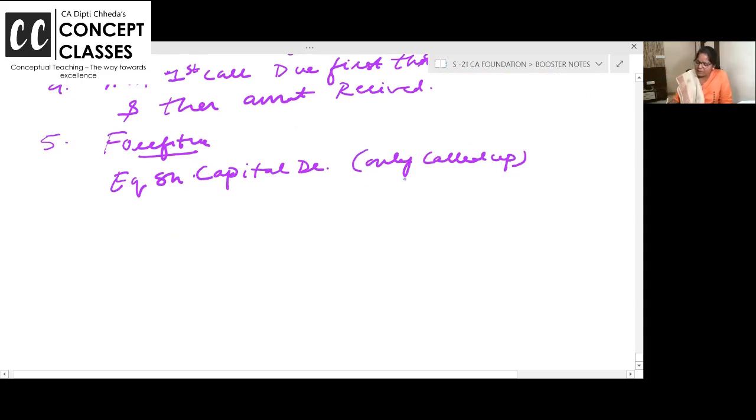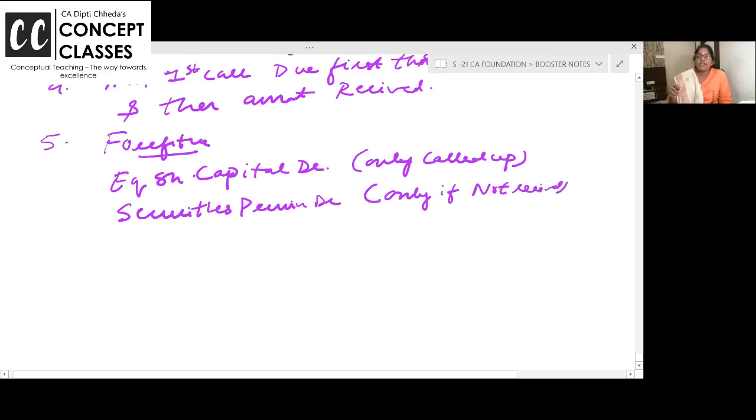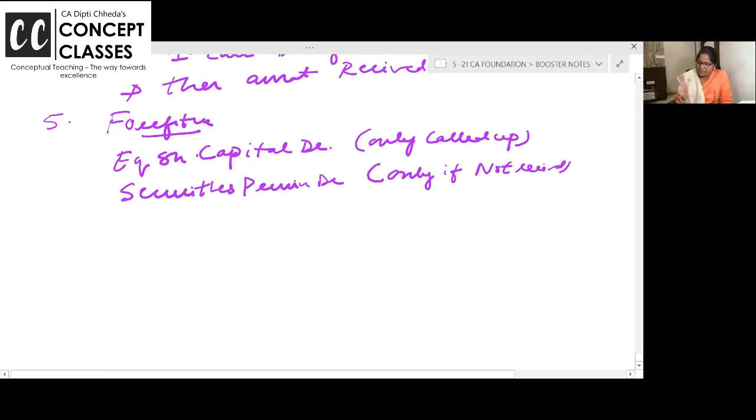Equity share capital debit only called up. Securities premium debit. When will you debit securities premium? Only if not received. Like securities premium is due with allotment and allotment is not received, then only debit. Only if not received.